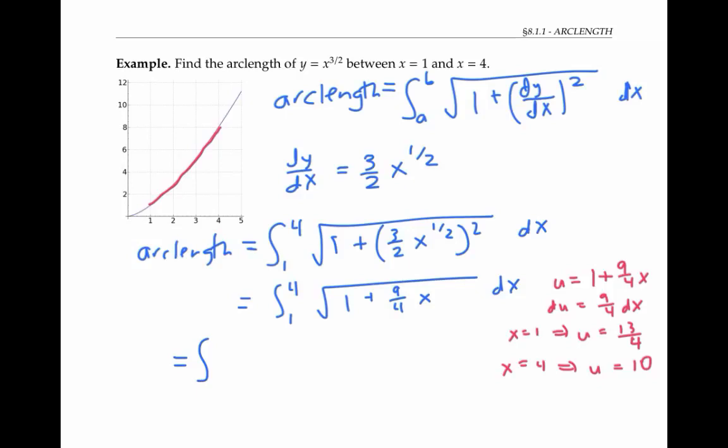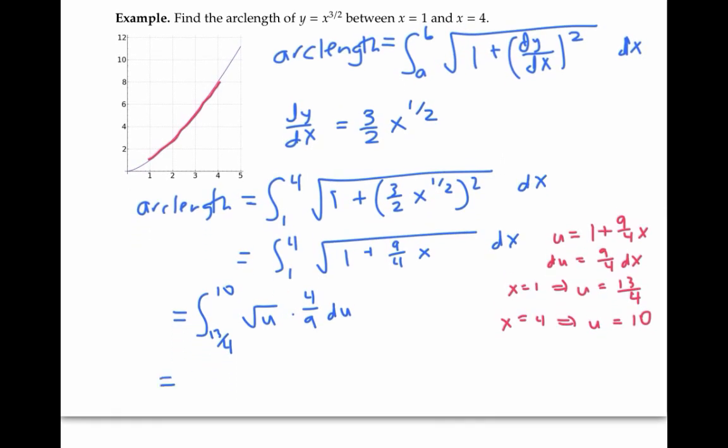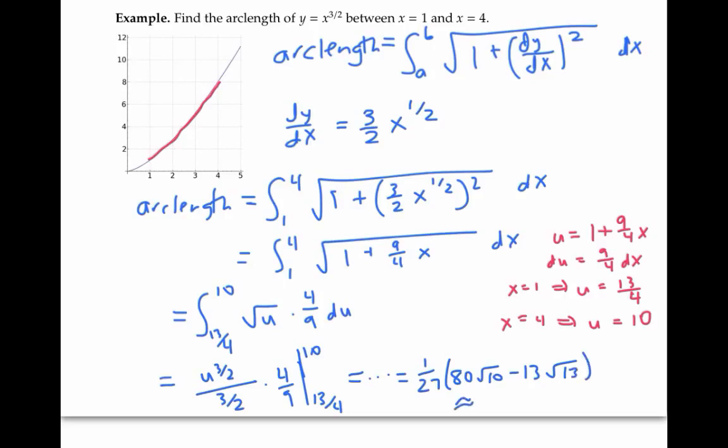So we get the integral from 13/4 to 10 of the square root of u times 4/9 du, which integrates to u to the 3/2 divided by 3/2 times 4/9 evaluated between 10 and 13/4, which after some computation works out to 1/27 times 80 square root of 10 minus 13 square root of 13, or approximately 7.6 units, which seems about right based on the graph, taking into account the fact that the scale here is by 2's on the y-axis.